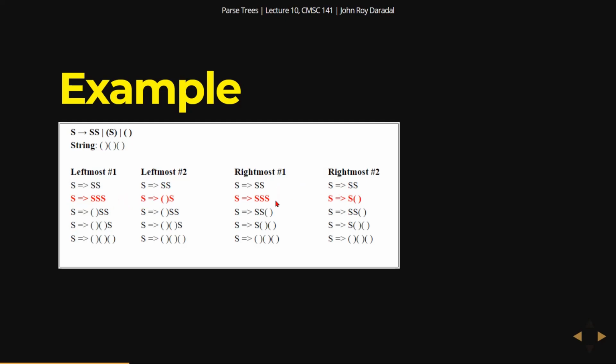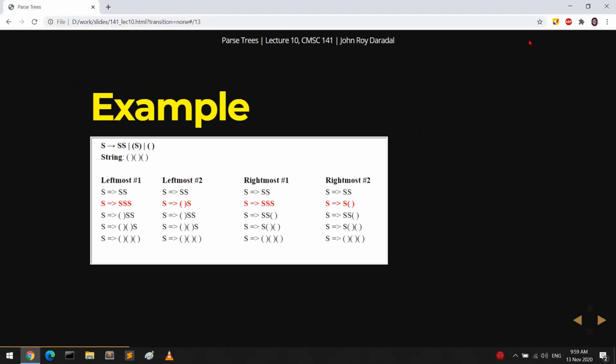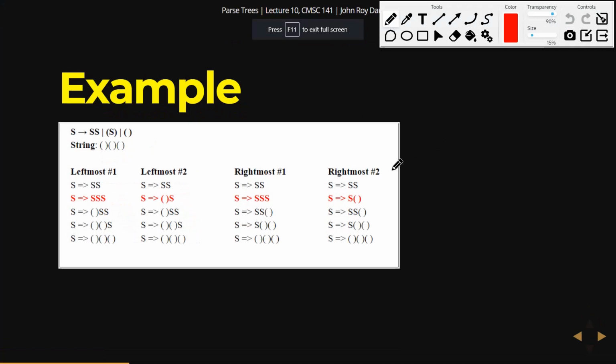The same thing for the rightmost derivation. Instead of replacing this S with SS here, this rightmost derivation replaces S with open close. And that is their difference. But the rest of the steps look more or less the same, because this S just becomes open close, and then this one becomes that, this one becomes that.